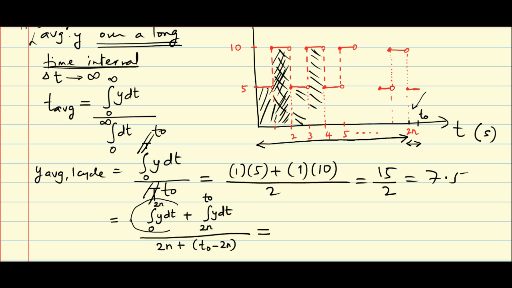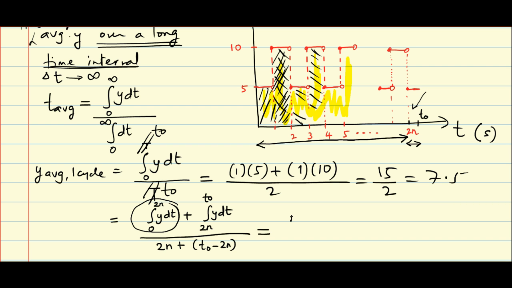Integral y dt from 0 to 2n is the area. It's this area plus this area plus this area. So as we said earlier, the area of one cycle is 15 multiplied by the number of cycles, and from 0 to 2n we have n cycles.